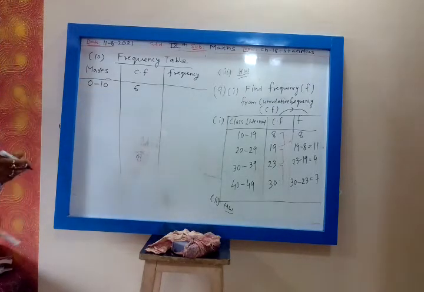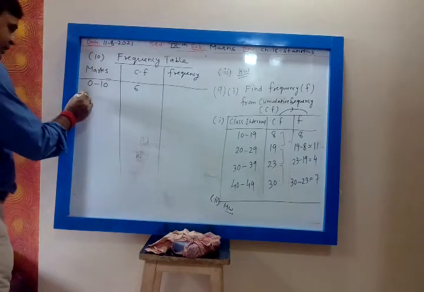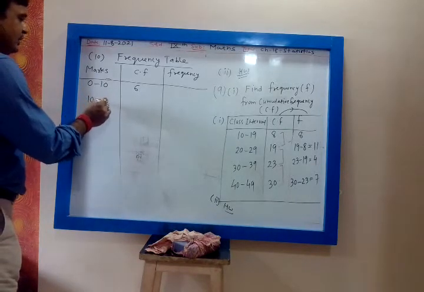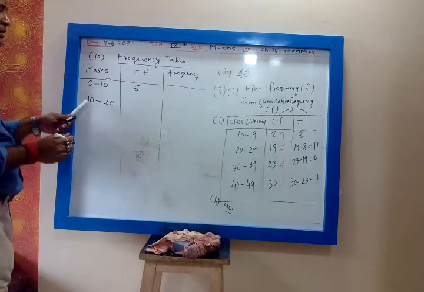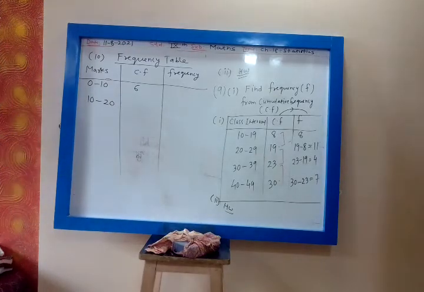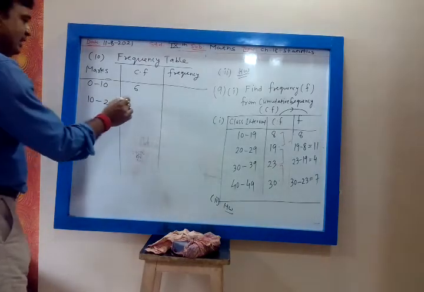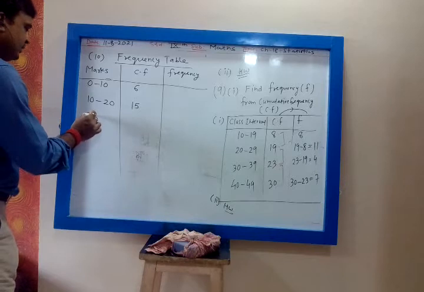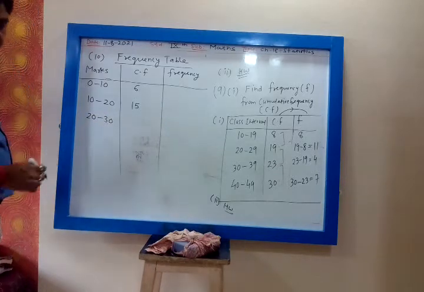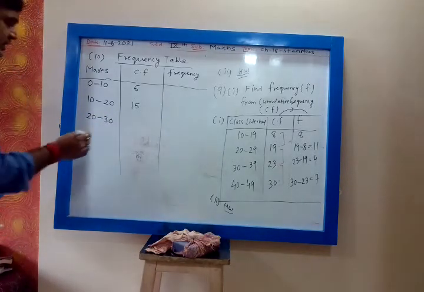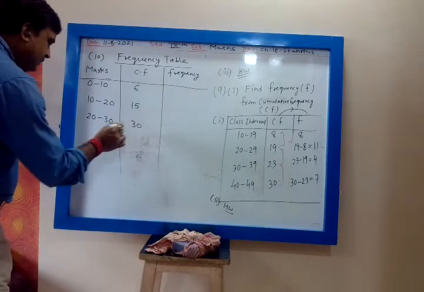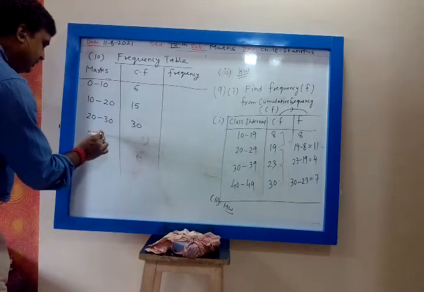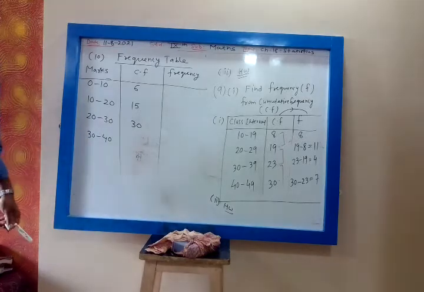6. Then we consider 10 to 20, because 10 marks also we have to consider in the lower limit. So 10 to 20, it is 15. Whenever it is less than, it means it is CF. The next, 20 to 30, CF is 30. Then 30 to 40, CF is 39.